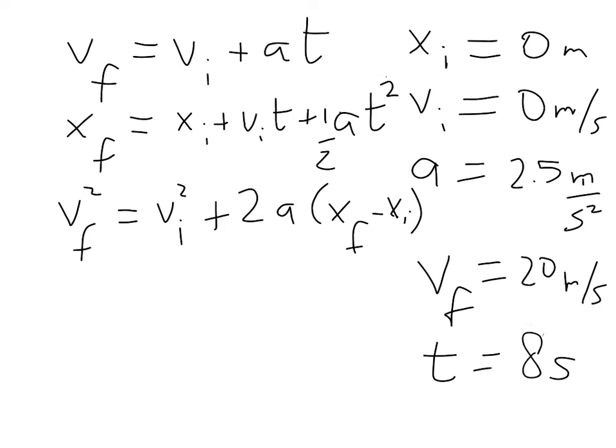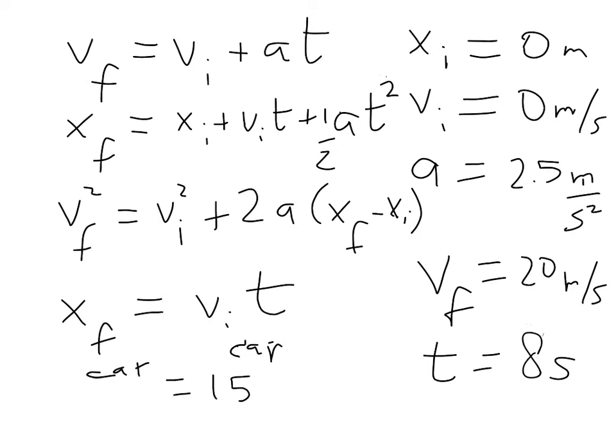Luckily for us, since the car is not accelerating, this term will not be there. X initial is 0, and so for the car, we simply have X final car is equal to V initial car times t, which is 15 times 8, and we see that this evaluates to 120 meters.